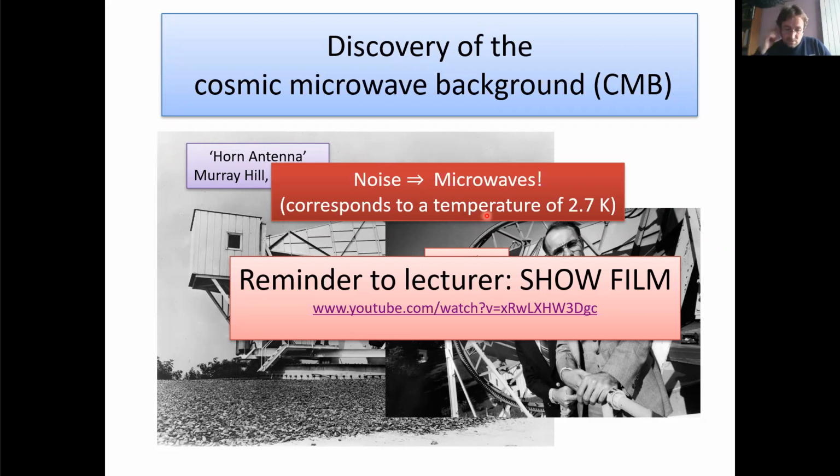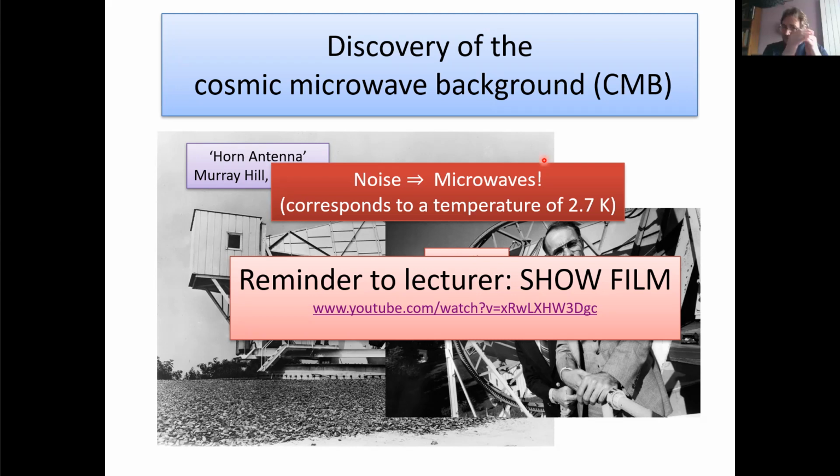So this noise corresponds to microwaves. And if one makes a blackbody spectrum, this was about 2.7 Kelvin. Cold. Very cold compared to what we would expect when the first atoms form, when it's very hot. The explanation is, of course, that the universe expands and the energy density drastically drops.